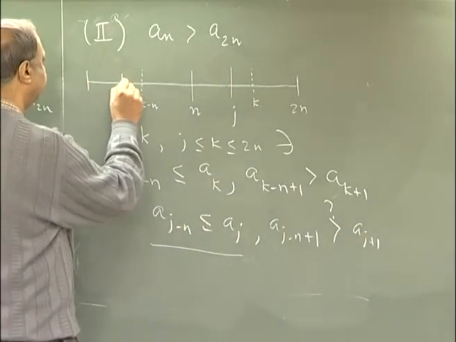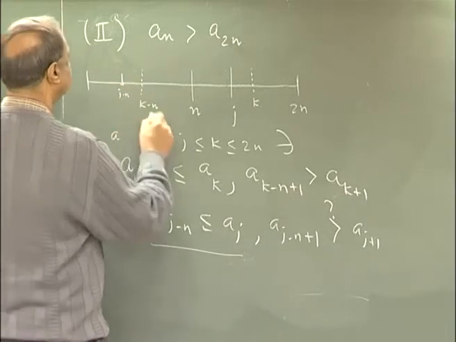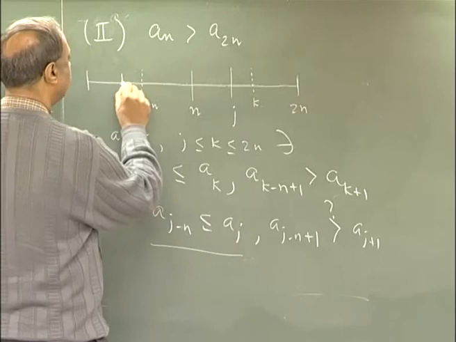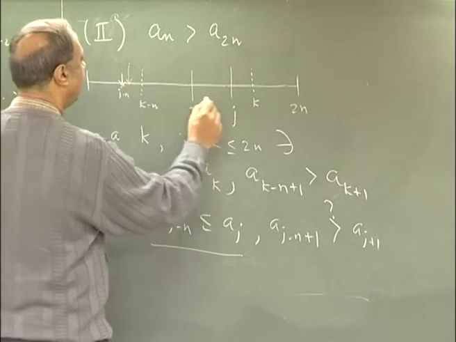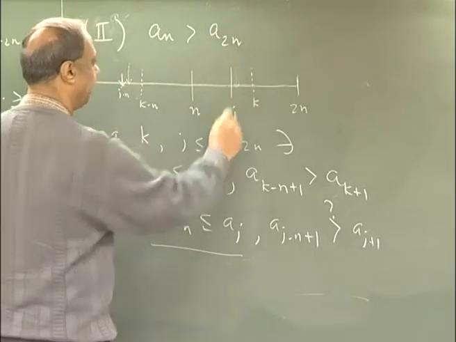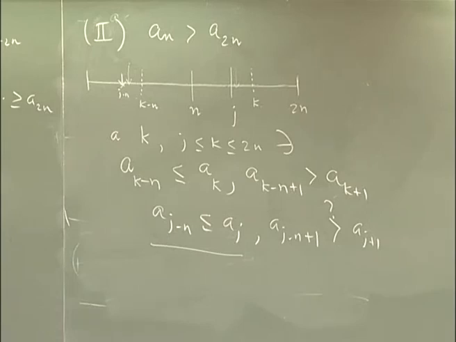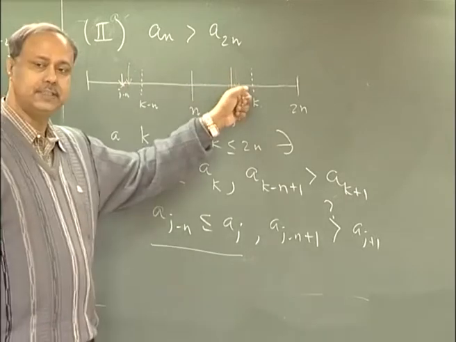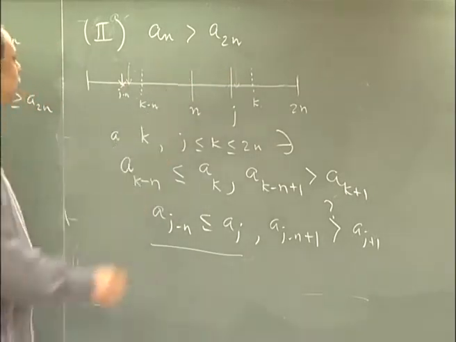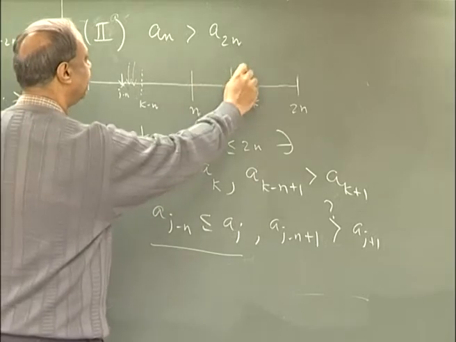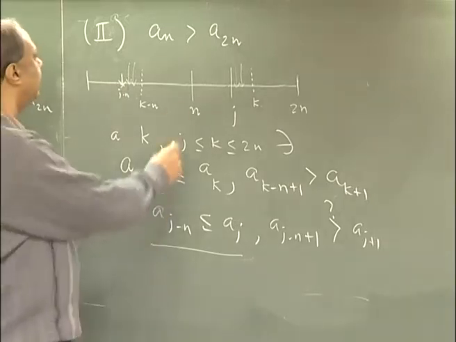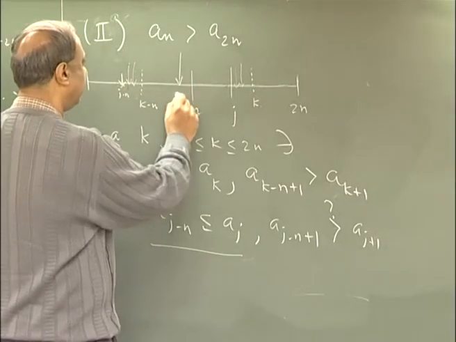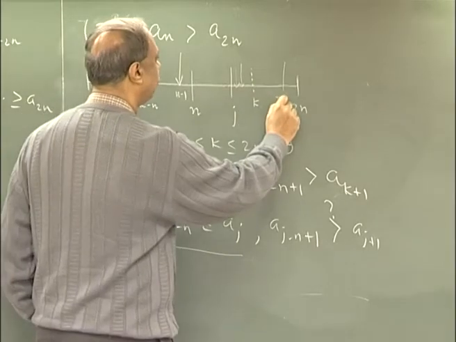Suppose this is your j minus n and this is your j. So this satisfies the property, this is less than or equal to this. Now whether this element is larger than this element. Suppose it is not. That means this element is less than or equal to this element. You look at the next one, whether this element is larger than this element or not. Suppose no. But in that case, think about this one, n minus 1 and 2n minus 1.